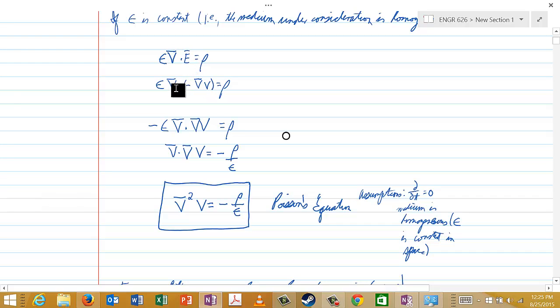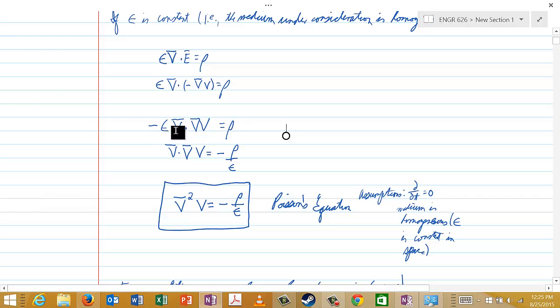Now the minus sign of course can come outside of the divergence operator as well, and so we're left with minus epsilon. This is for the case where we have a homogeneous medium, so that epsilon is constant, and where it's also the electrostatic case, so that there's no variation in time. But we end up with minus epsilon times the divergence of the gradient of V is equal to rho.